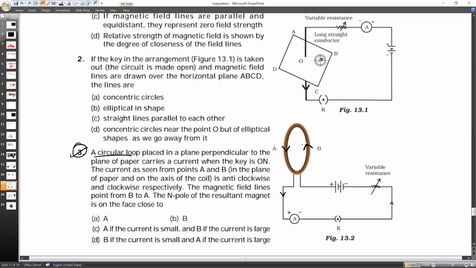It means if you watch it from A, it is anti-clockwise, and if you watch it from B, it is clockwise. So from this position we are watching the clockwise direction of the current, and from this position it is anti-clockwise. A is anti-clockwise and B is clockwise. Got it?